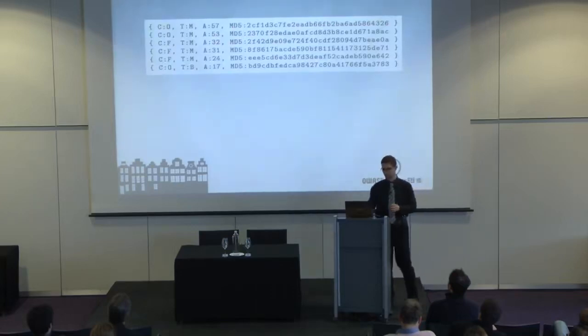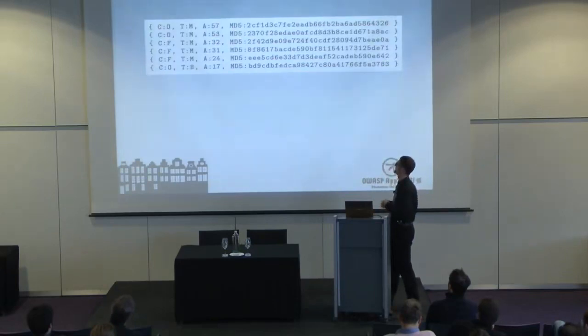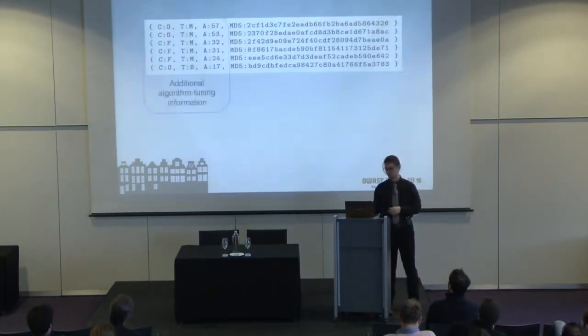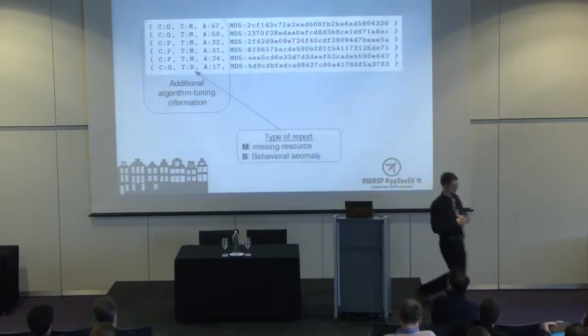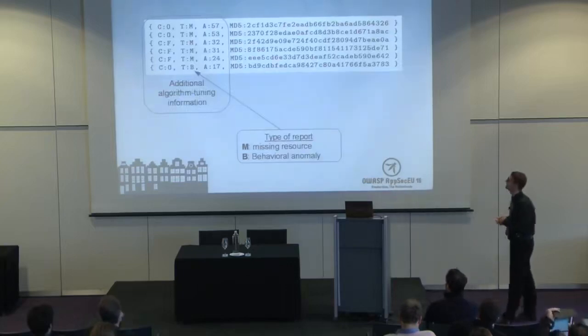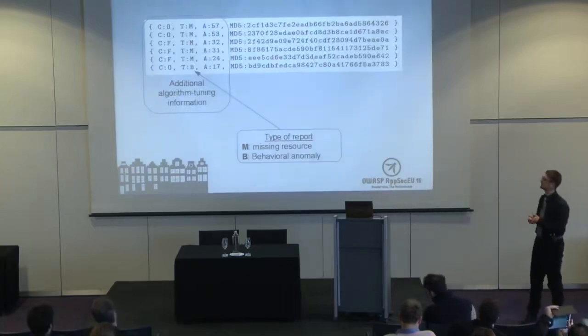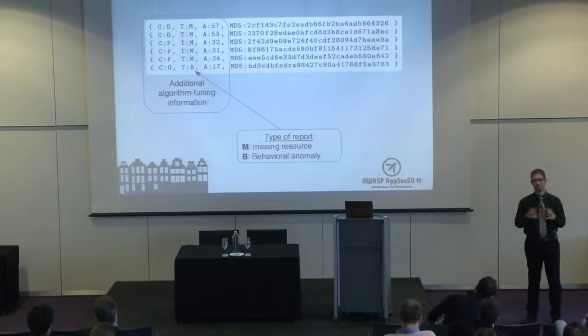When you have the URLs encoded in MD5 and some additional data that is used for tuning, like what is the reason this certain URL was reported. In this case, most of the reports were due to the request being not available at the server.